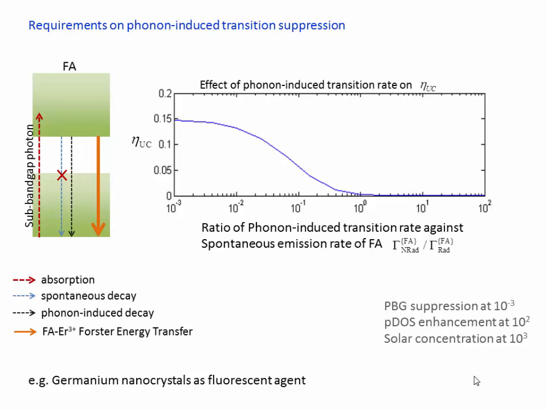Most dye molecules have a very large phonon-induced transition at the infrared, so we are looking at other materials, such as germanium nanocrystals, as the fluorescent agent.